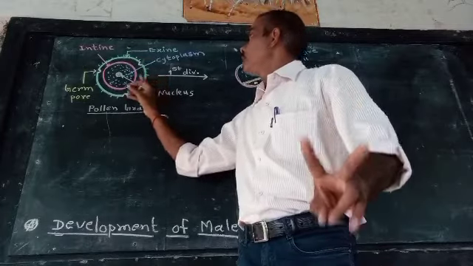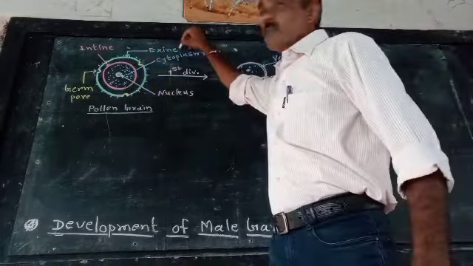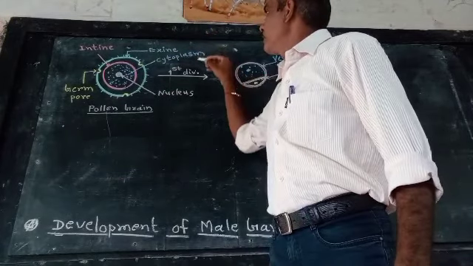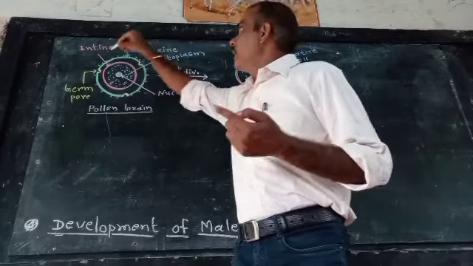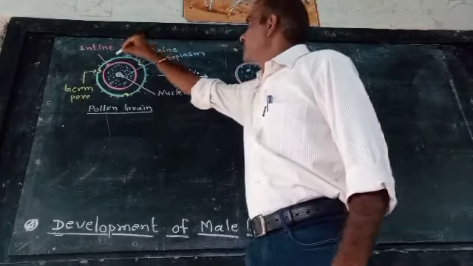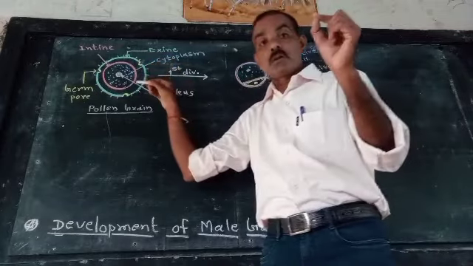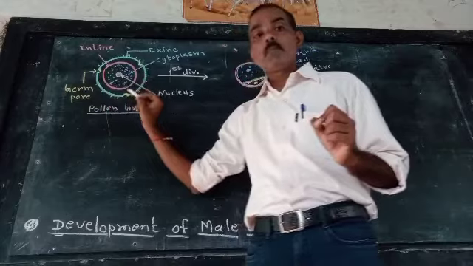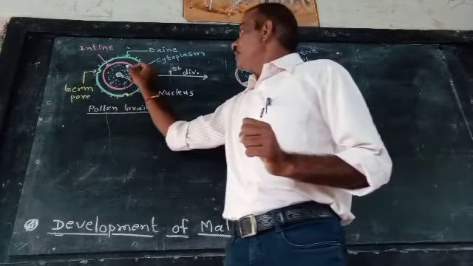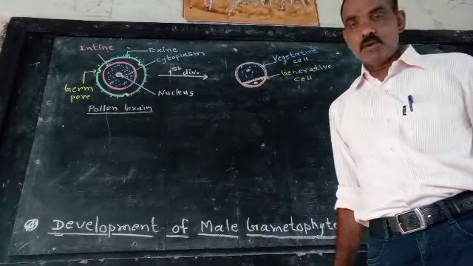Two walls: outer wall, exine, and inner wall, intine. Exine is rough or spiny, and intine is smooth. The exine outer wall is not complete; it shows a pore at a distance, called the germ pore. That is the first step for the development of male gametophyte.